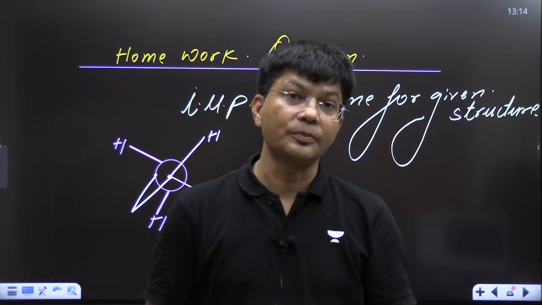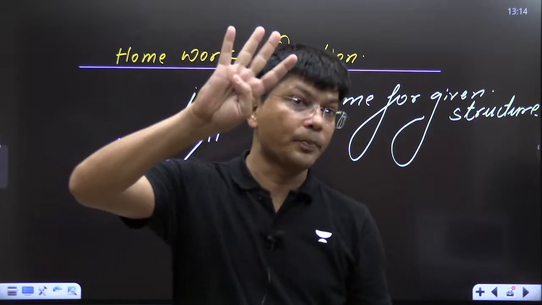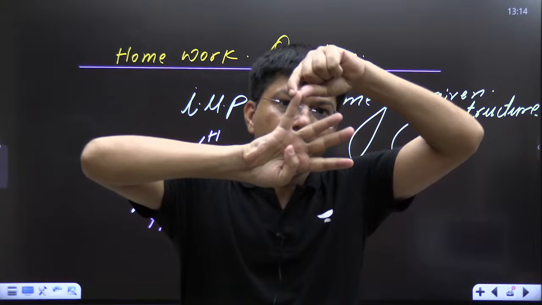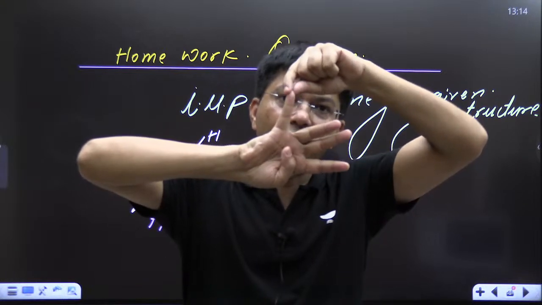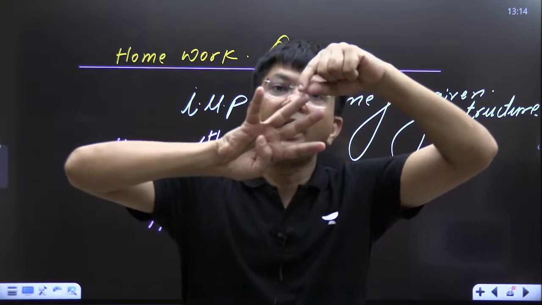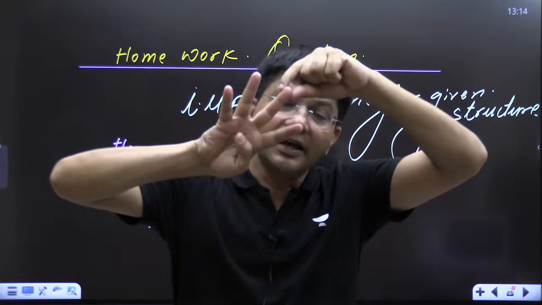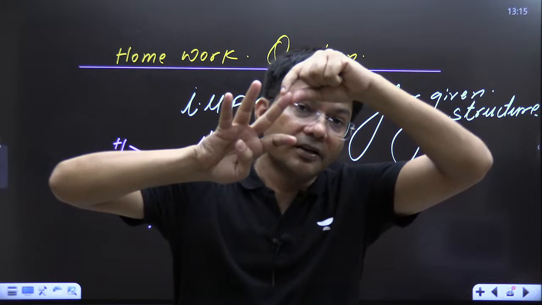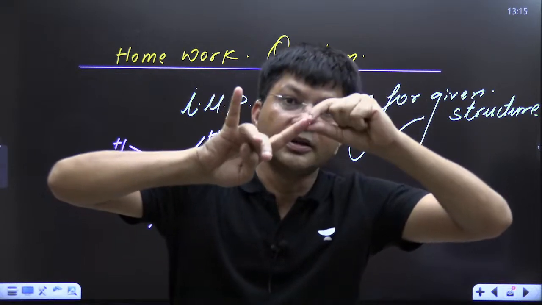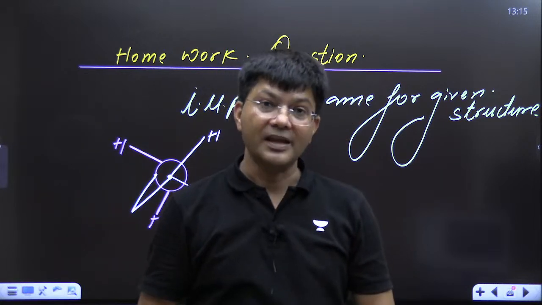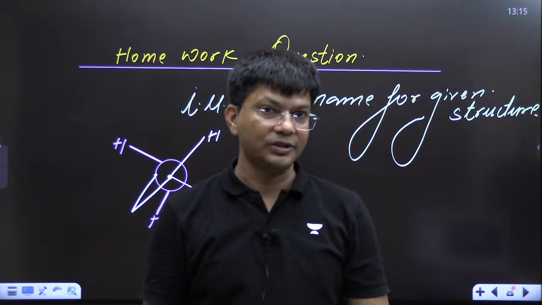And nucleophilic substitution I will divide into four parts: SN2, that is bimolecular nucleophilic substitution reaction; SN1, unimolecular nucleophilic substitution; ARSN2, aromatic bimolecular substitution; ARSN1. So these are the types of nucleophilic substitution reaction.